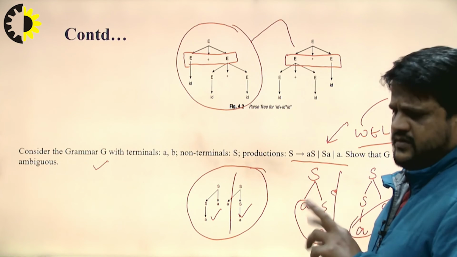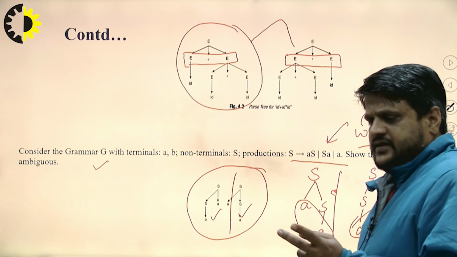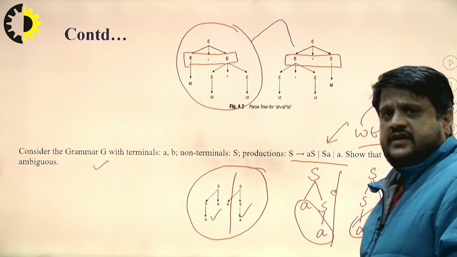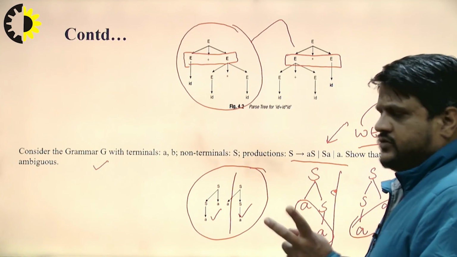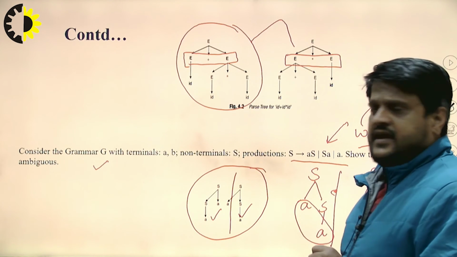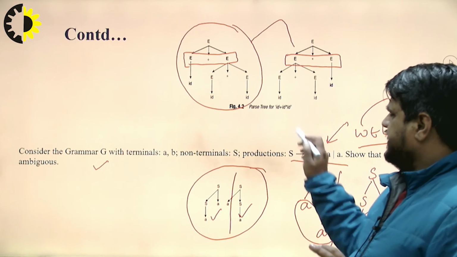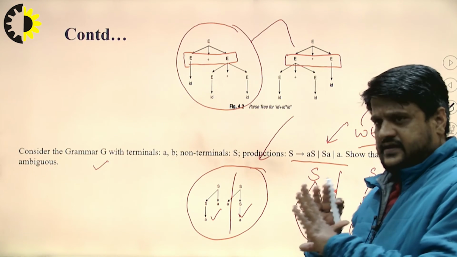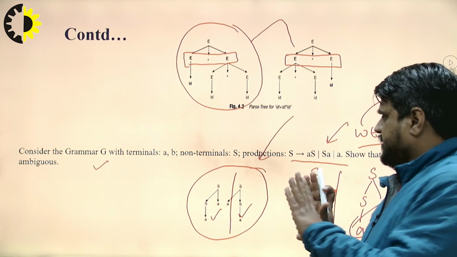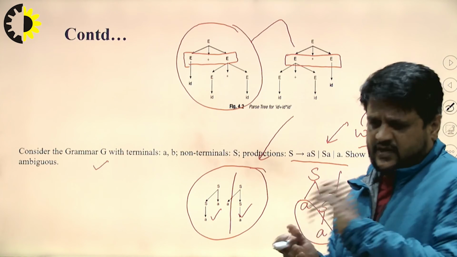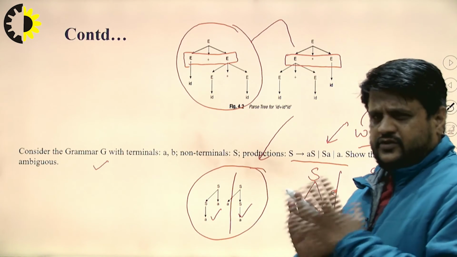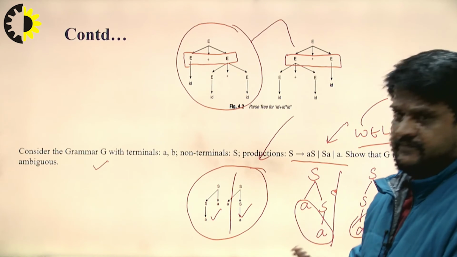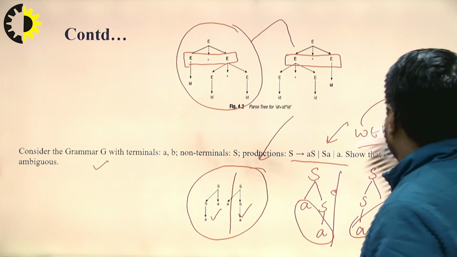If you generate the string by the rightmost derivation, then there must be more than one rightmost derivation. If you think about the parse tree, then there must be more than one parse tree, not leftmost parse tree or rightmost parse tree, because the pictorial representation of a parse tree is the same for leftmost and rightmost, right?